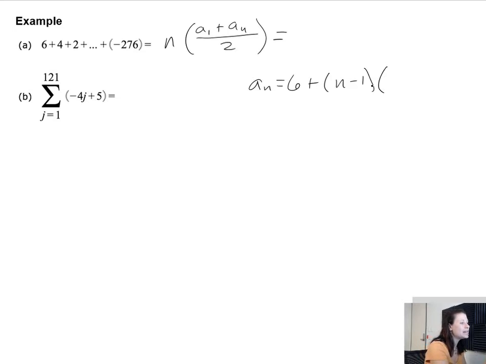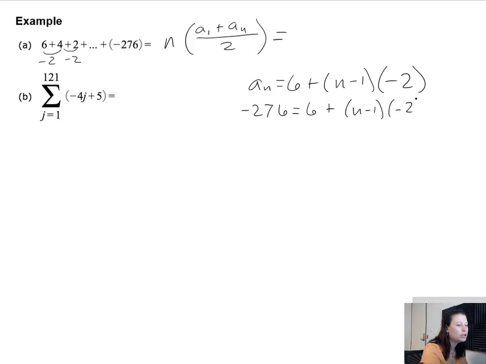Well, let's figure out what d is. 6 to 4, that's negative 2. 4 to 2 is negative 2. So let's say, obviously, then that d is negative 2. We know what an is as well. It's negative 276. So negative 276 equals 6 plus n minus 1 times negative 2.